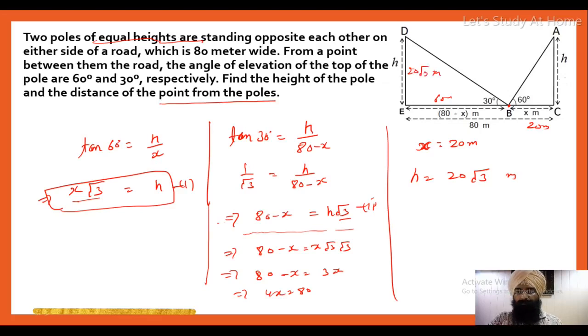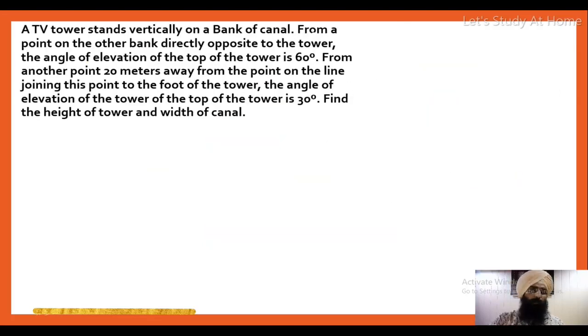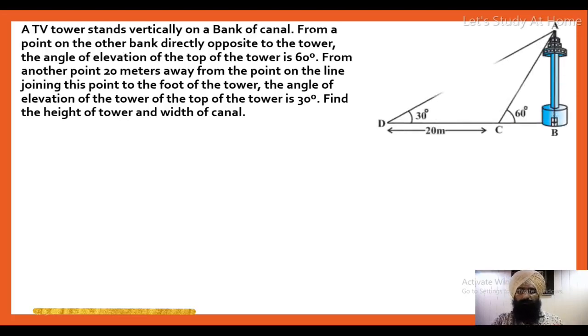Take a screenshot. A tower stands vertically on the bank of a canal. From a point on the other bank directly opposite to the tower, this is your diagram. You have to read and think how to draw the diagram.